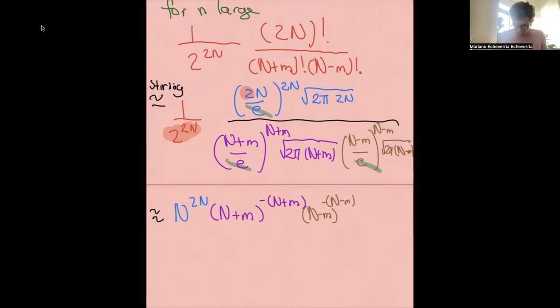There are a couple of things that you can simplify here as well if you want. For example, you could cancel out this root of 2 pi with this root of 2 pi, okay? And then you can write it as root of 2n over root of n plus m.